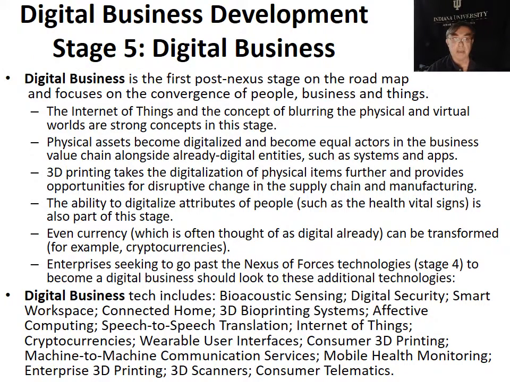Now we come to digital business, where things are much more integrated. And we also here highlight something which I think is really important, the Internet of Things. There are some 24 to 50 billion devices expected by 2020 in the Internet of Things. The number probably differs depending on the way people look at the world.